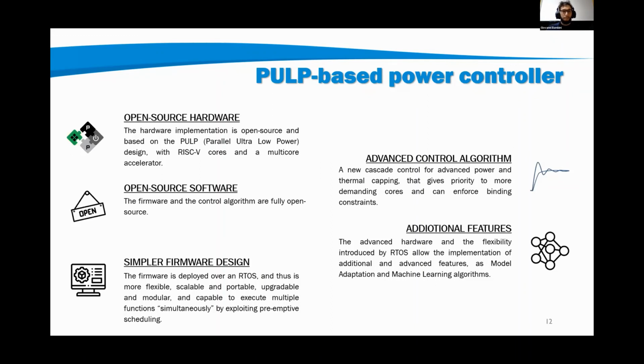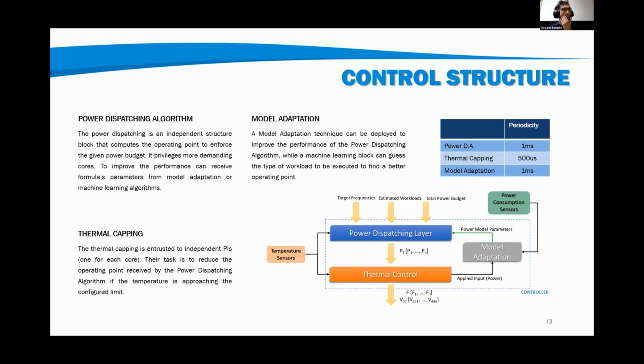Regarding the control algorithm, we went for a block cascade design. We have two main blocks: the power dispatching layer, which is the block that decides the power to give to each component and core, and feeds this power to the next block, which is the thermal control block, which decreases the operating point in order to enforce the thermal limit for each component based on the silicon technology.